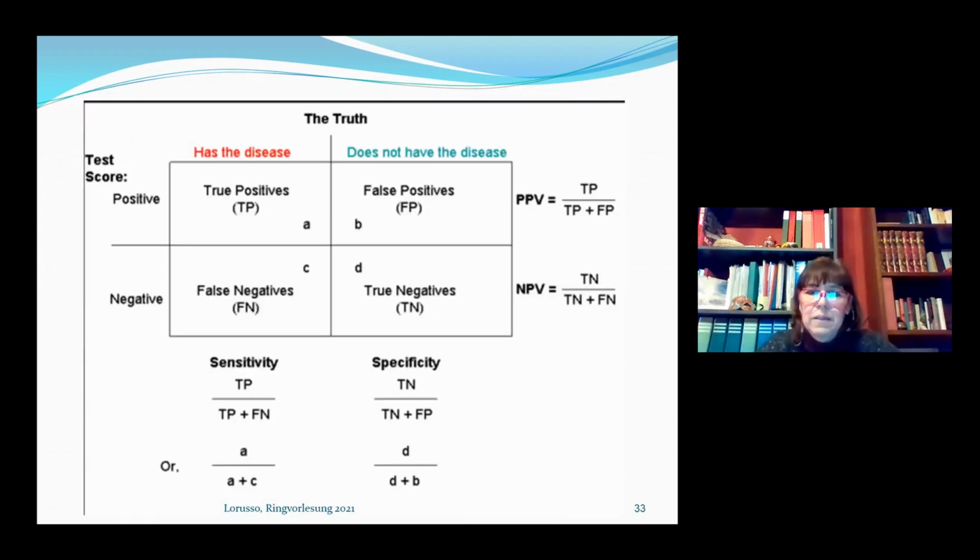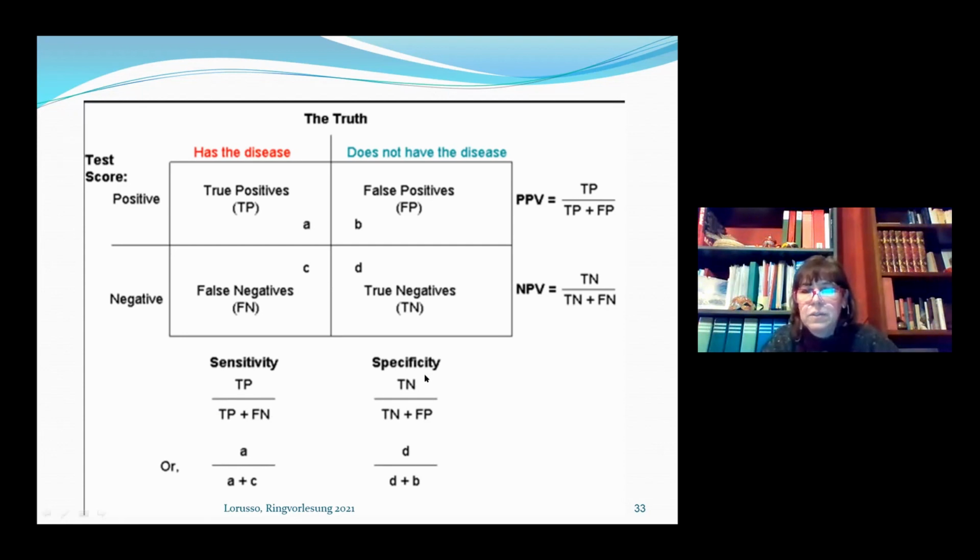So this is how you calculate sensitivity, which is the amount of true positives on the total of true positives and false negatives. So the children who are detected by the test as having the problem and really have the problem. And these are the children, the false negatives, who are not detected, but they do have the problem.